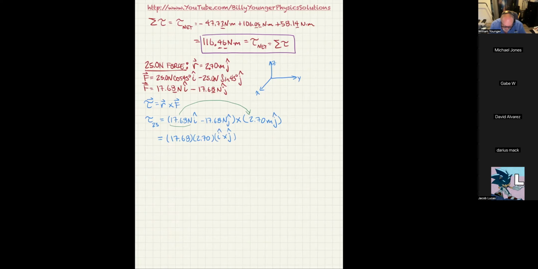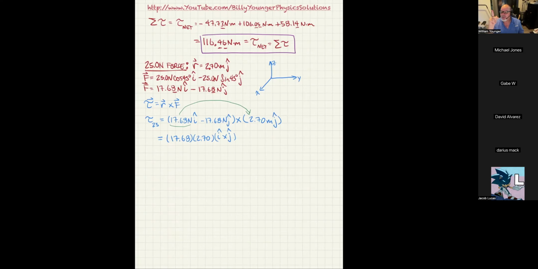Now that I've done that, what I need to realize is i hat cross j hat is, according to the right hand rule, remember the right hand rule is this is your first vector, and i hat's pointing out of the board, so I'm pointing it towards me like that. Your second vector is j hat, and that's this one.